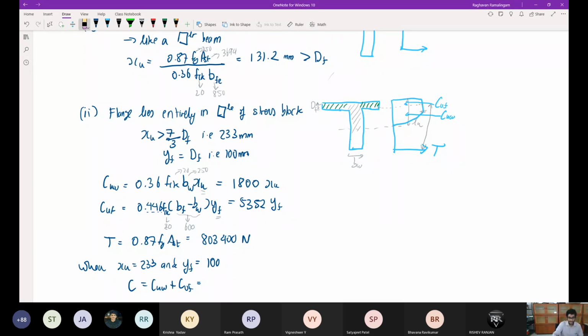We are finding XU, we are not keeping it at 233. Our target is to find XU. So you'll get something times XU plus some number given by this.